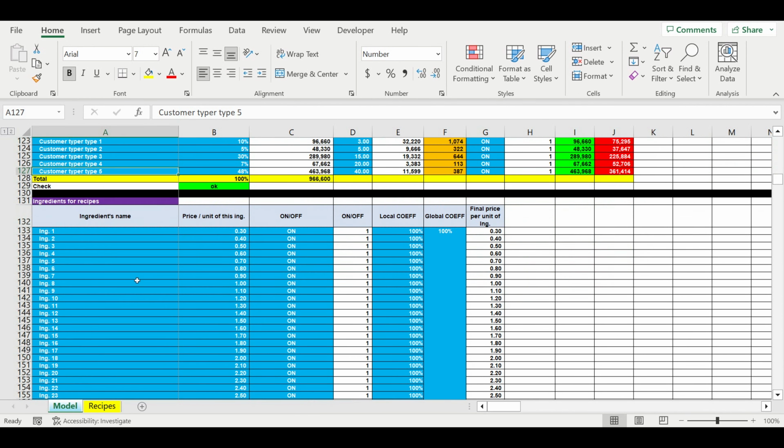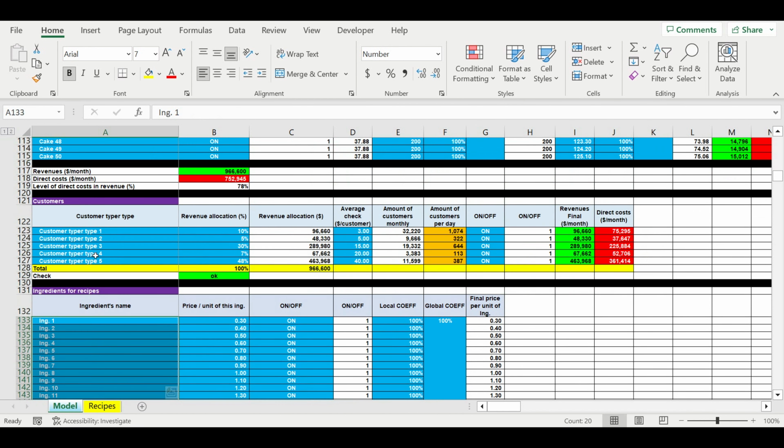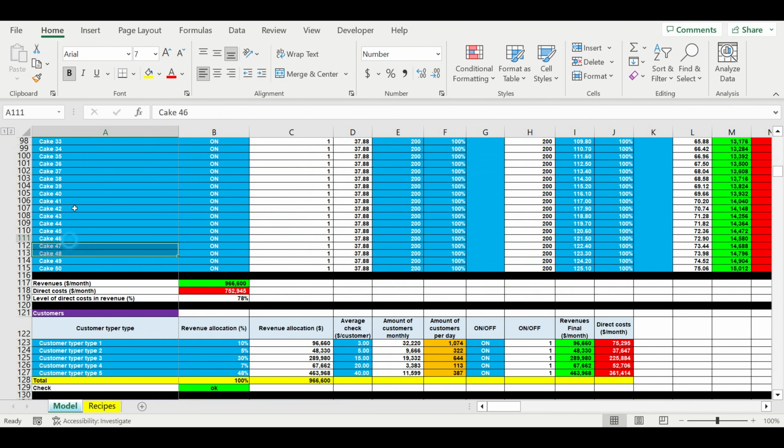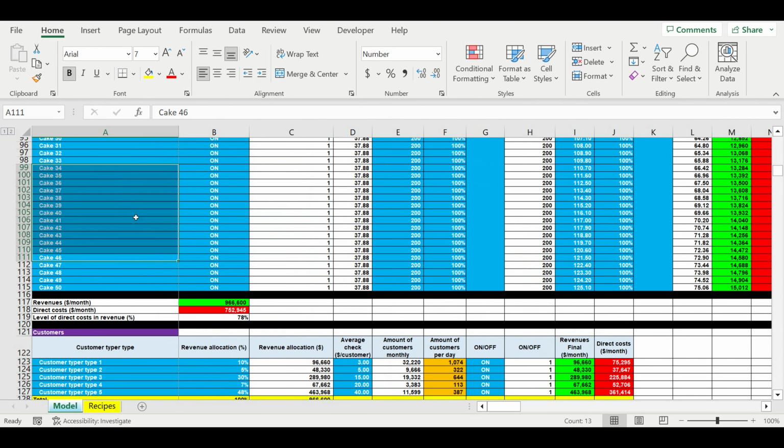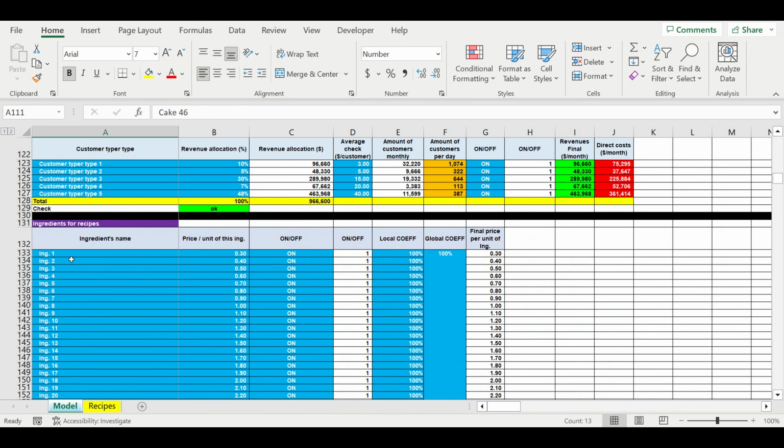Then we have the list of ingredients which we use to produce these cakes and breads in our product line. So this is the list of ingredients. This is the price per unit of each ingredient. We can switch on and off different ingredients from calculations.